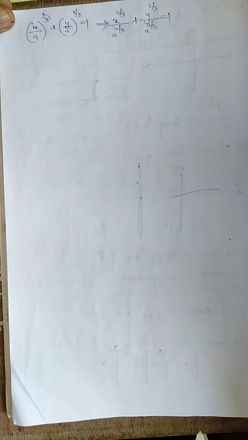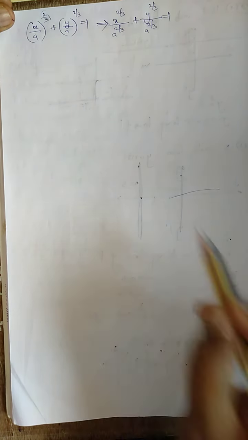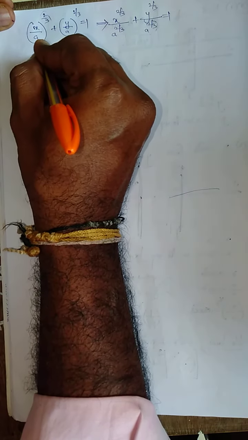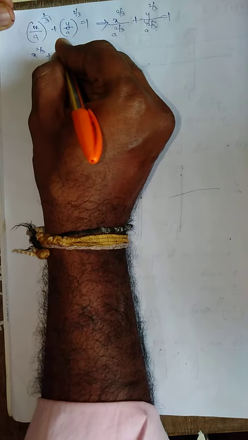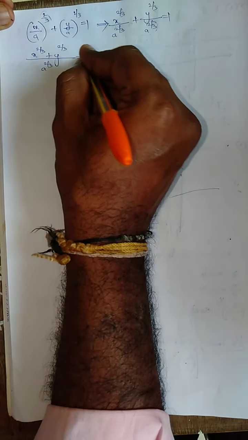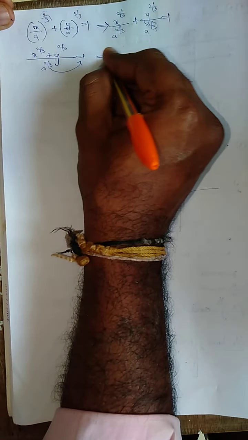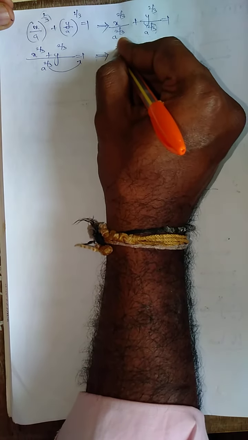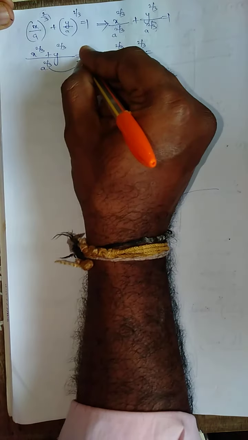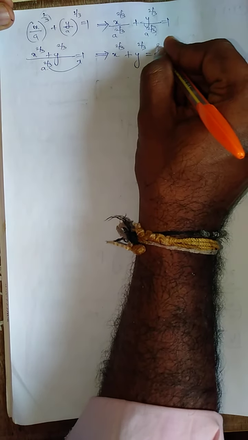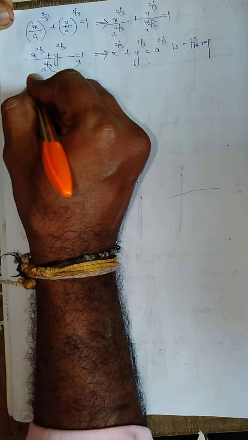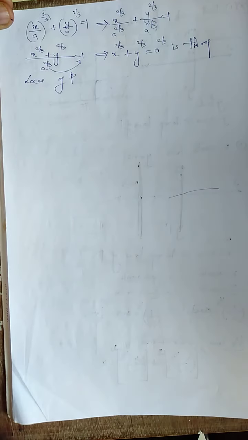Since the denominator is the same for both, I can put only one. A power of 2 by 3 moves this side, which gives x power of 2 by 3 plus y power of 2 by 3 equals a power of 2 by 3, the required locus of P.